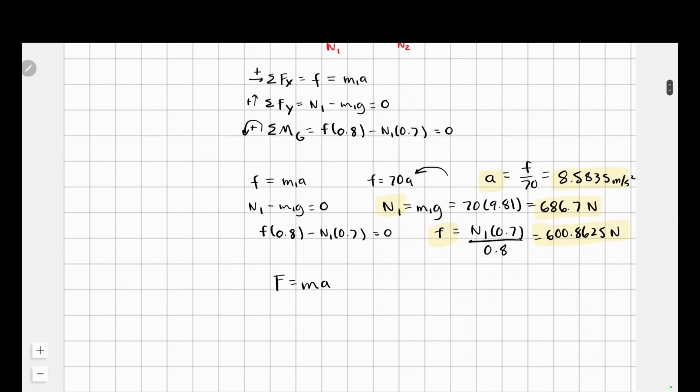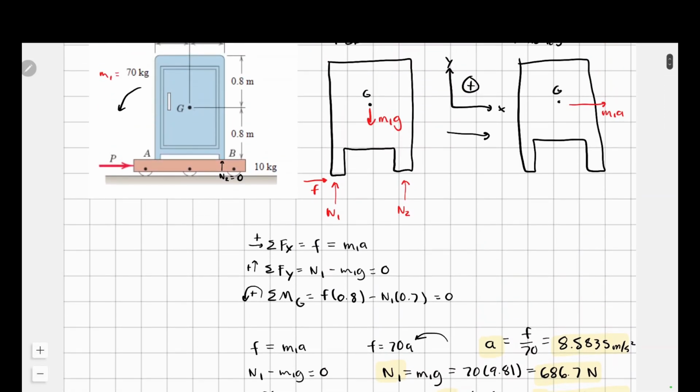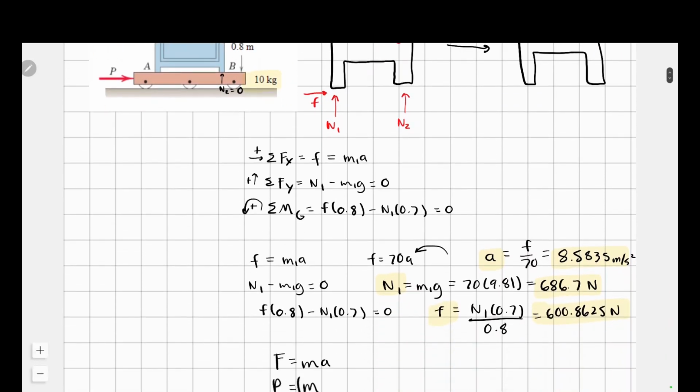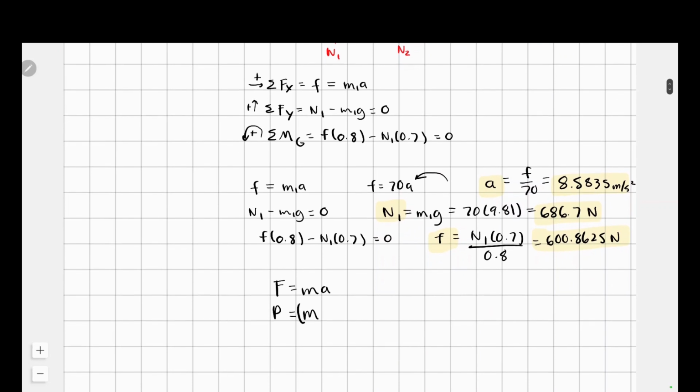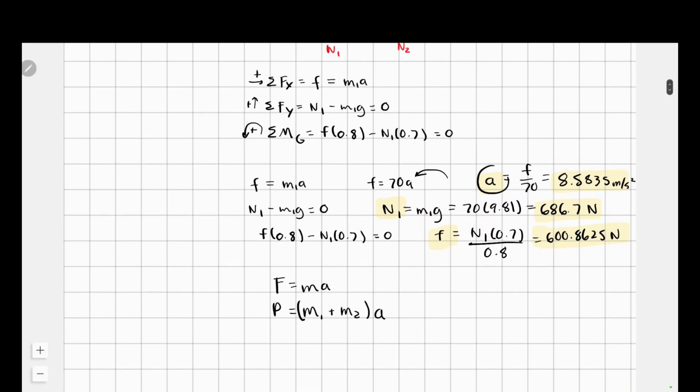But F, in this case, F would be P. M wouldn't be just the mass of the cabinet, because P is being applied to this entire system, not just the cabinet. So we need to consider the mass down here as well. We'll just call that M2. And then A, we already know A, which is right here.